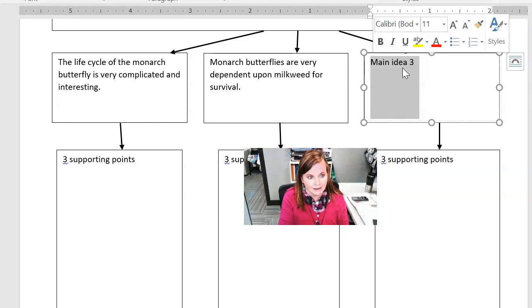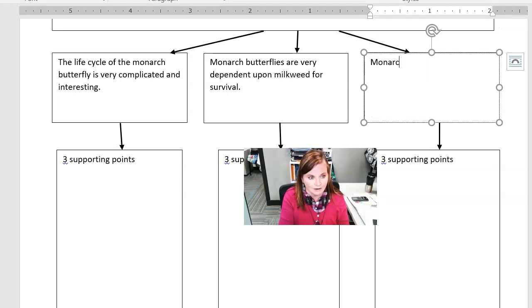So I'm going to say that monarch migration is, let me think about this one for a second, monarch migration is a spectacular event that takes place that is crucial to their survival.